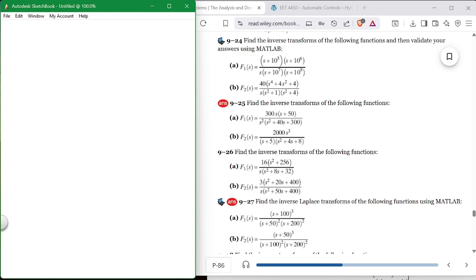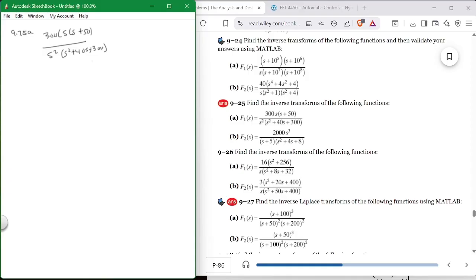All right, 25a is 300 times s plus 50 over s squared times s squared plus 40s plus 300. This is nasty, but this is the kind of stuff you're going to get, because of what I just said about the other stuff. Okay, so what are the splits here?